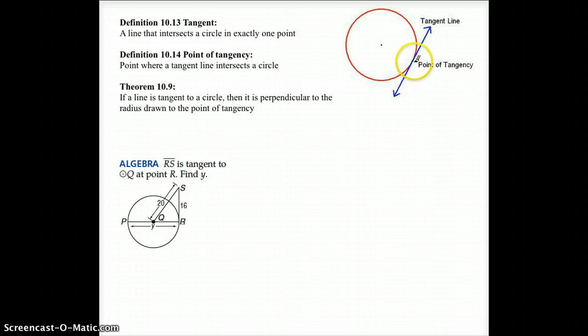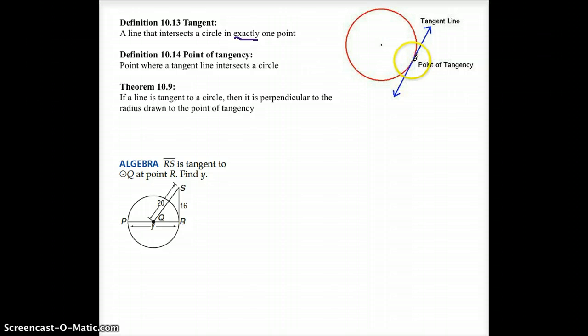Now what's very important for us to understand here is that this line intersects my circle in exactly one point. So even though over here it looks like maybe this line touches the circle on this whole little segment, we know that that's just because of the thickness of the drawing.